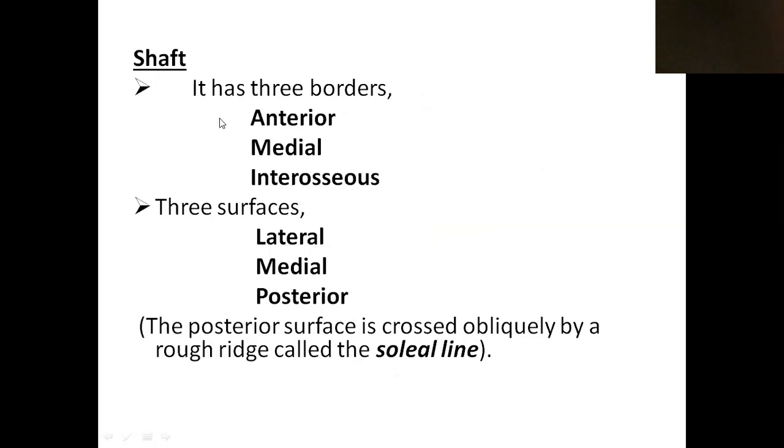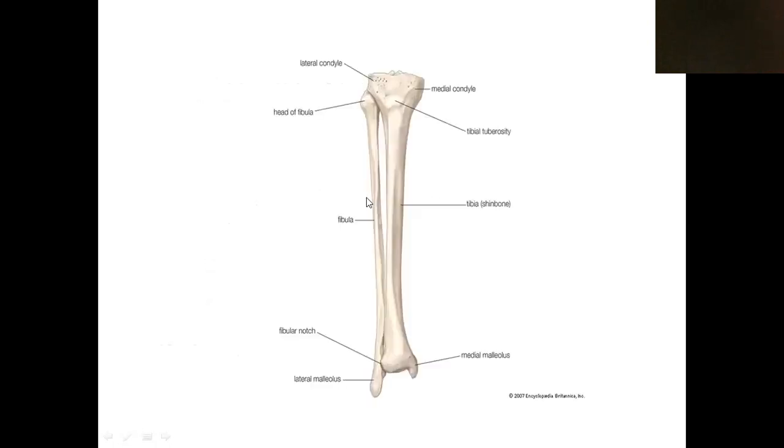Now the shaft. The shaft has three borders: anterior border, medial border, and interosseous border. Interosseous means between two bones. You know the interosseous membrane. Now you can see a space between these two bones, tibia and fibula.